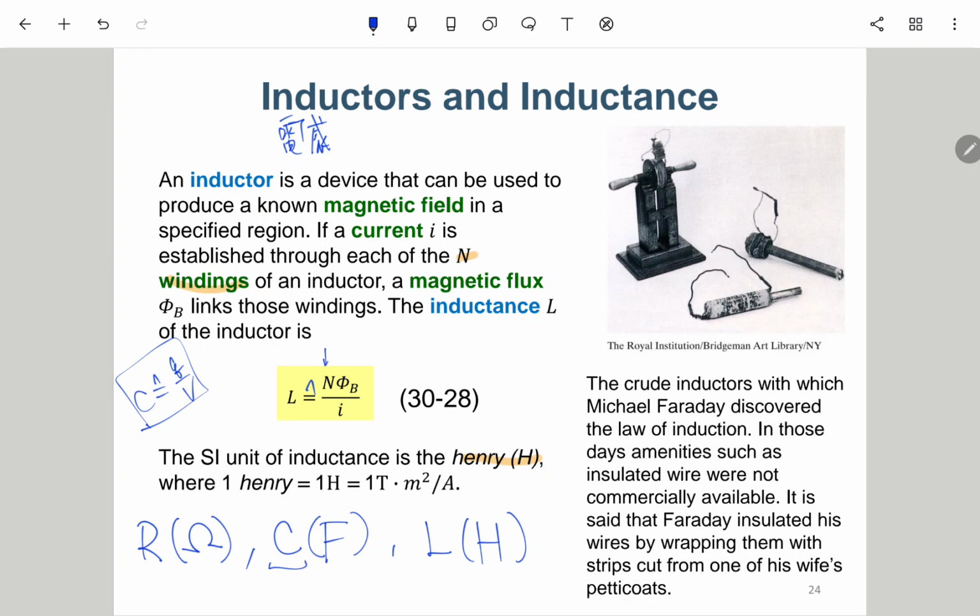This is the capacitance, but C is also the SI unit for charge, so when you study, you may still be a little confused. But memorizing the SI units is important.